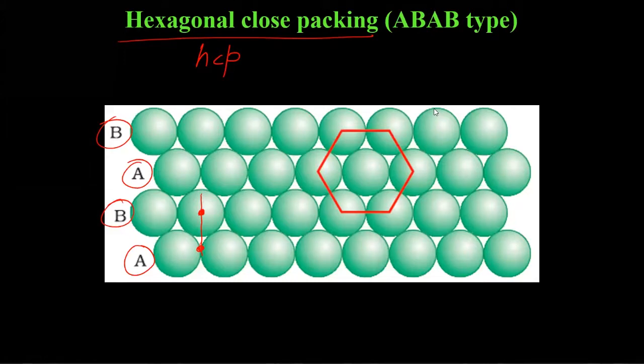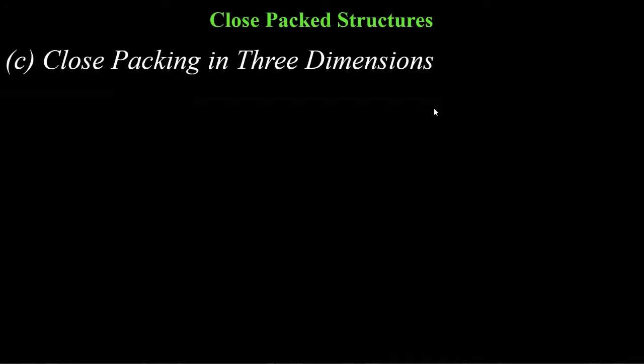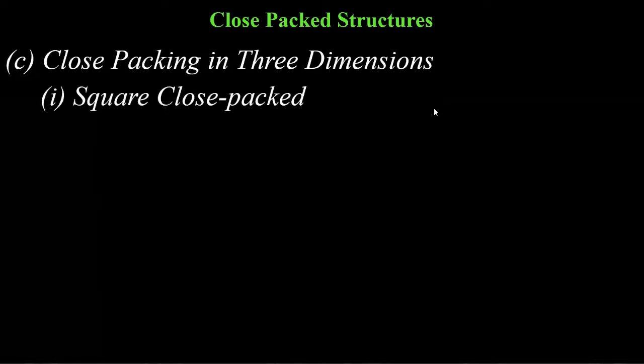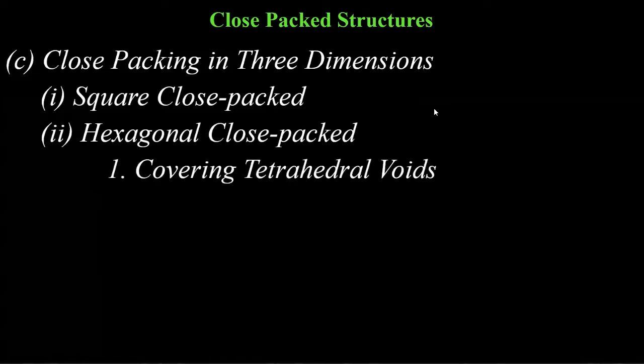From the first, one dimensional, we got two dimensional. There are two possibilities. Now from two dimensional we can go to three dimensions, when these planes are kept one over the other. Then again we can have square close packing and hexagonal close packing.